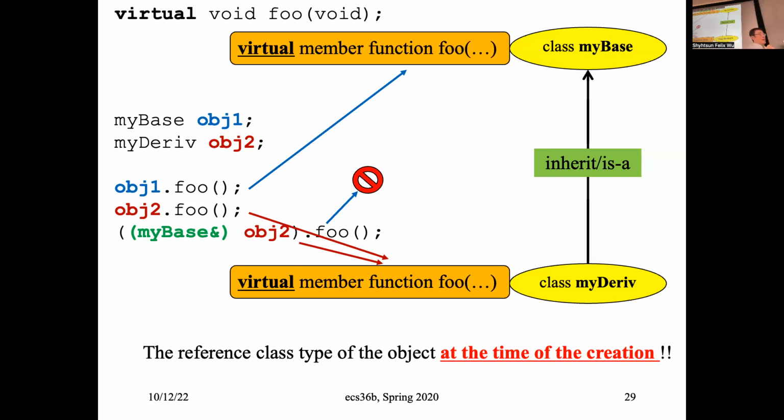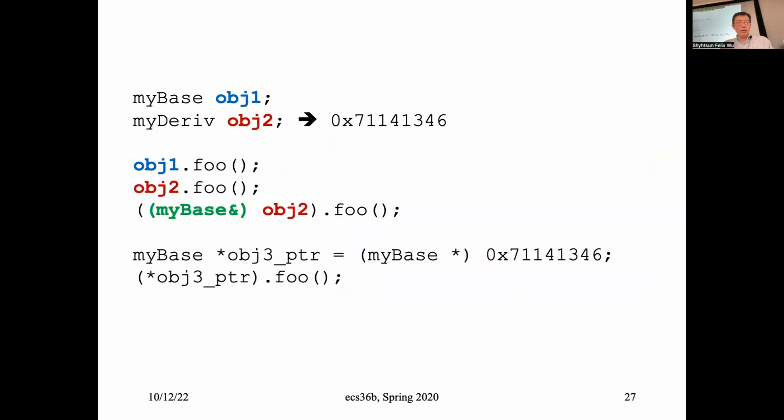For example, in the ugly code I showed you, I create the object and kind of forget about it, and only remember the integer, which is a memory address. Assuming that memory address still exists, I'm using that address and doing whatever casting I want, but in its blood, it's still created as a derived. Then I'm going to call that derived.